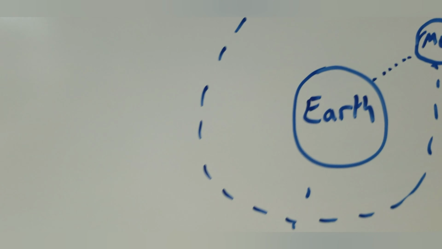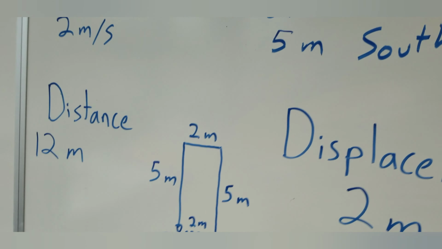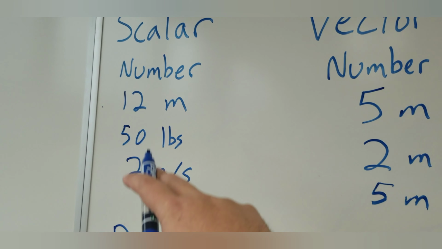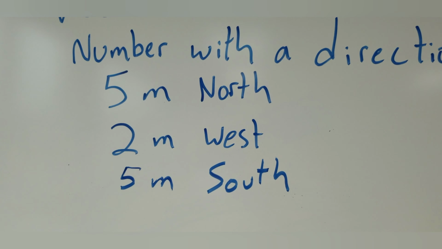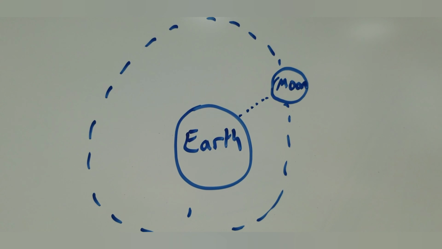So you can think in your mind, why is it important to understand the difference between distance and displacement, between a scalar measurement that's just the number or the distance, and the vector that's also specific about the direction? Trying to hit a moving target like that, you have to know these things very exactly.